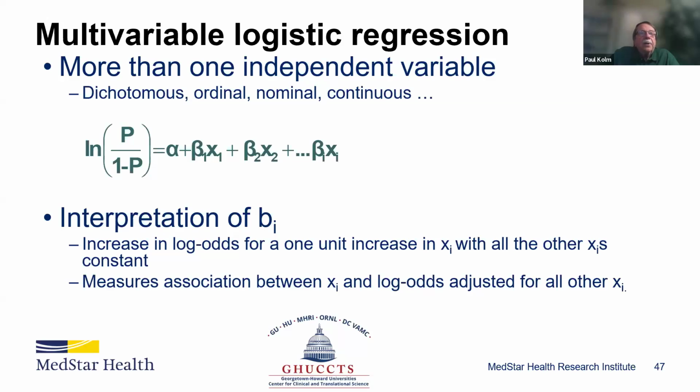And so now the interpretation of our regression coefficients, our betas, is that we have the association between the predictor variables, the x variables, and log odds adjusted for all other variables in the equation. And as we did for the simple equation, if we exponentiate the betas, we get an odds ratio.